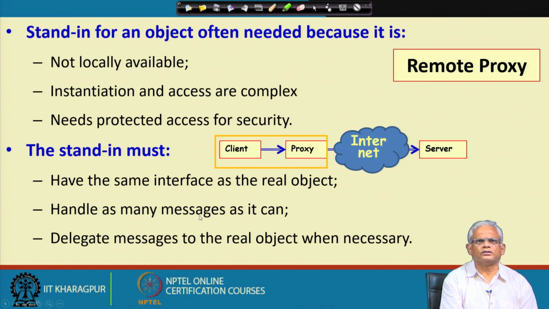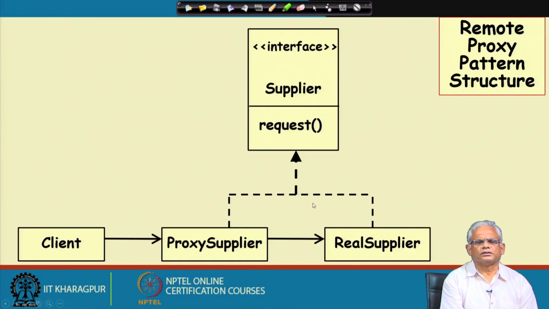The proxy also handles many messages. It does not unduly overload the server, and also speeds up the response to the client. It delegates messages to the real object when necessary. So, this is the remote proxy structure.